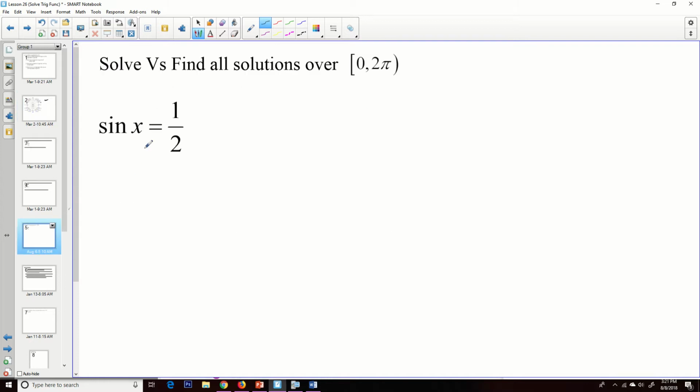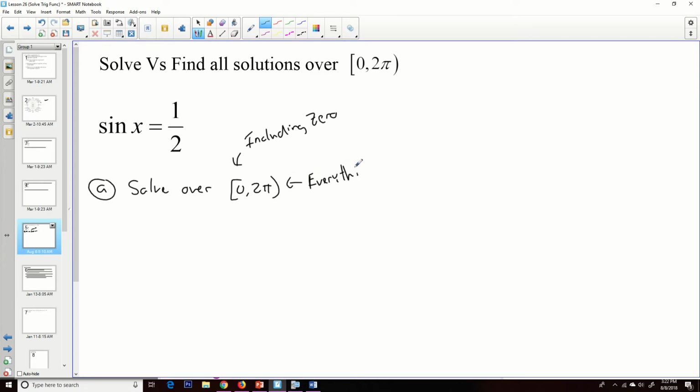In this particular instance, this equation says what angle measure gives you a sine of a half. That's what this says. The sine of pi over 6 gives me a half, and the sine of 5 pi over 6 gives me a half. So part A, solve over 0 to 2 pi, this is including 0, and this is everything up to but not including 2 pi, just interval notation.